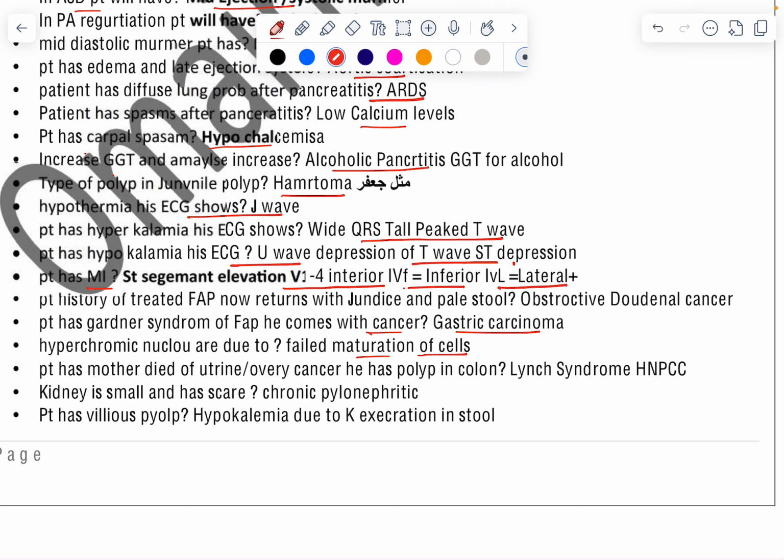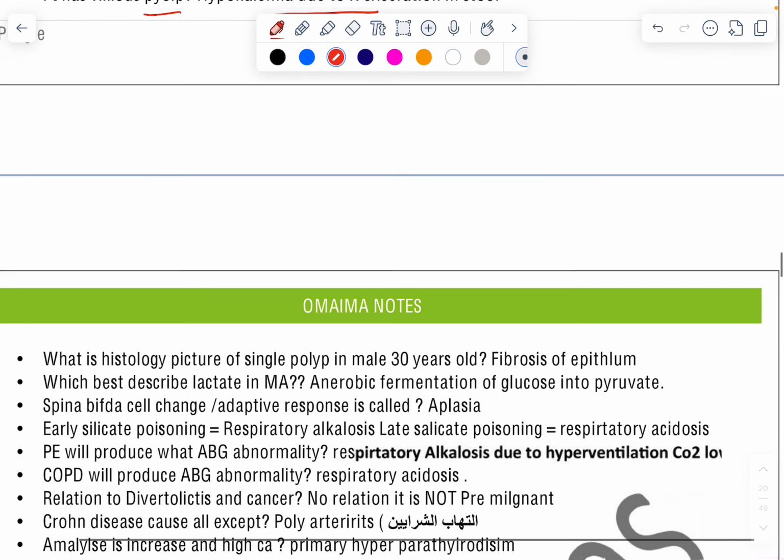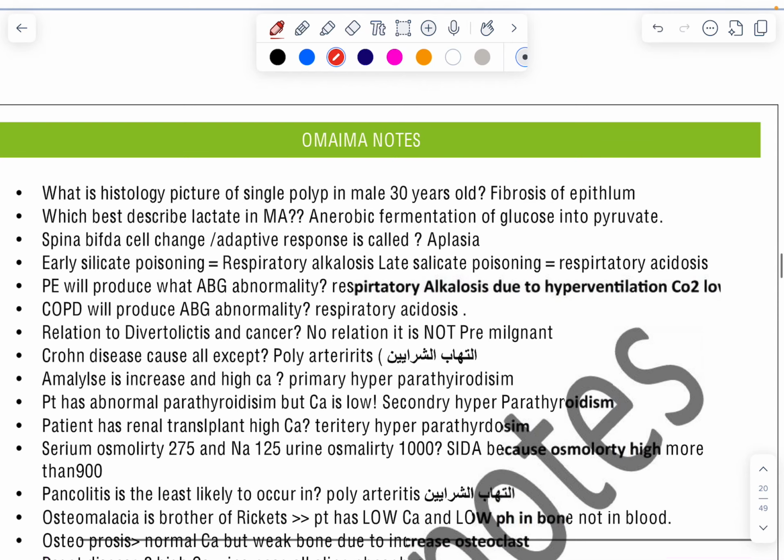Patient's mother died of uterine or ovarian cancer: Lynch syndrome. Kidney small, chronic pyelonephritis. Patient had villous polyp, hypokalemia due to excretion of potassium. What is the histological picture of a single polyp in an old male? Fibrous epithelium. Best describe lactate in myocardial infarction: anaerobic glucose to pyruvate.